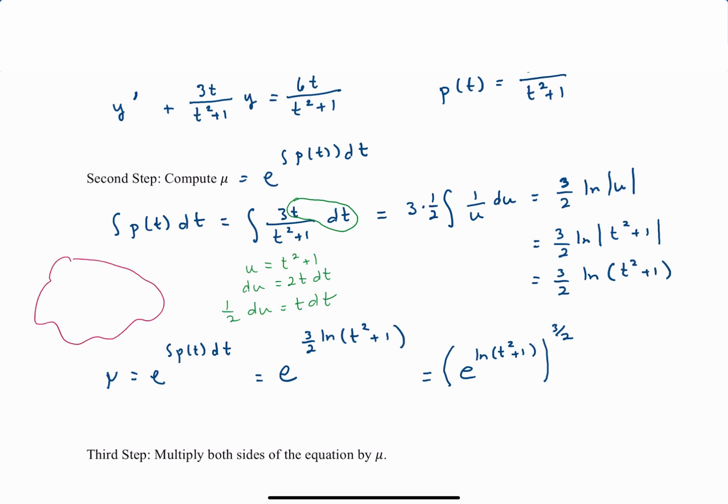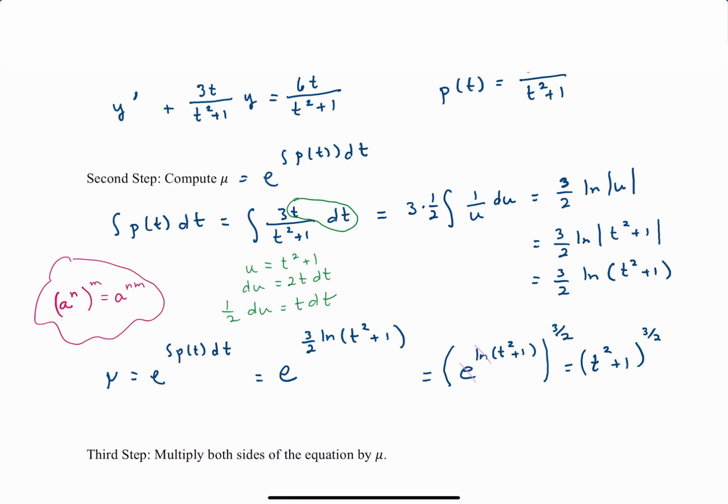In other words, I'm using the rule that if you have anything to a power raised again to a power, you multiply the powers. But we don't actually want them in the multiplied form. We want them in this form. Why? Because now we can simplify. The e and the ln will cancel each other out. So I'll have t squared plus 1 raised to the 3/2 power, and that is my mu.